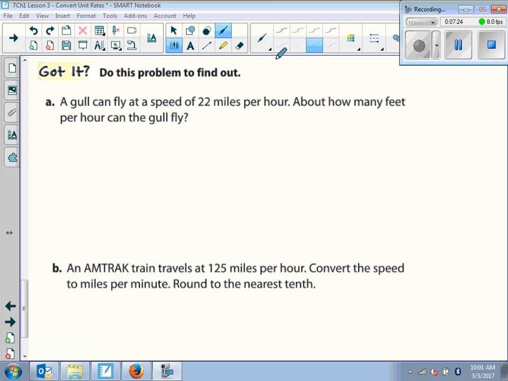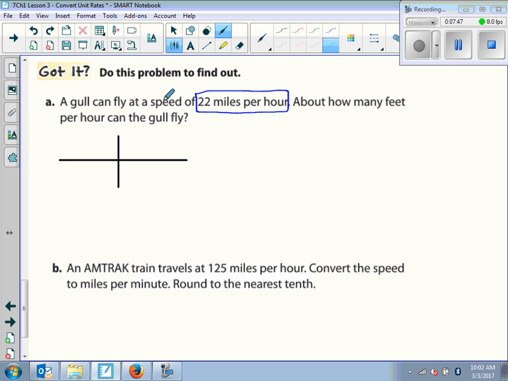Let's do the got it problem. Let's do letter A. It says a gull can fly at 22 miles per hour. About how many feet per hour can the gull fly? So, first we're going to write our original rate, which is 22 miles per hour, right? So, this is going to be 22 miles in 1 hour, okay?